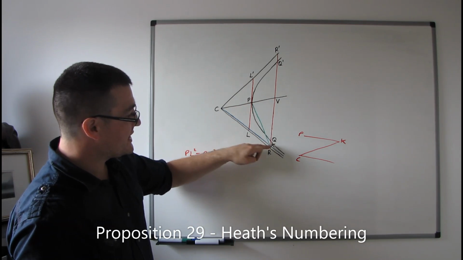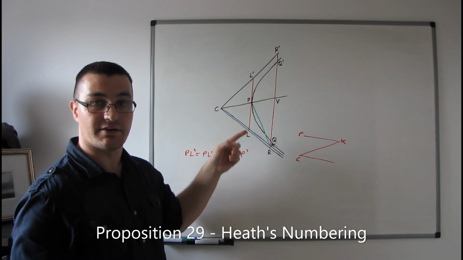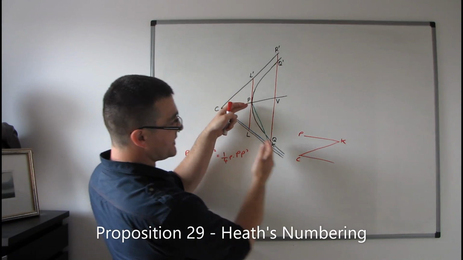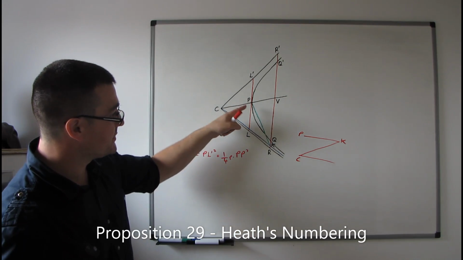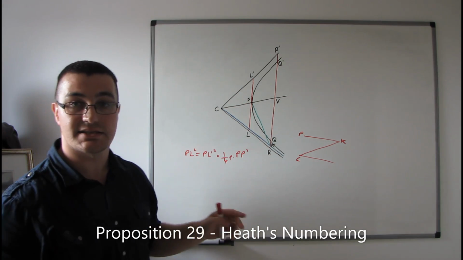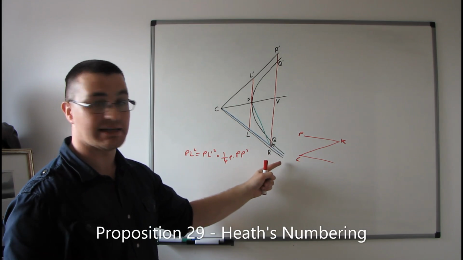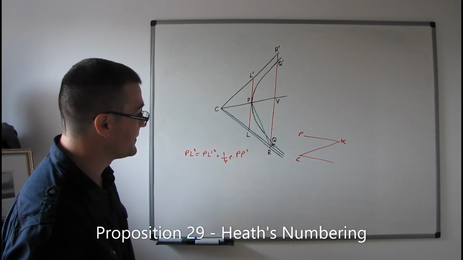So even though PK doesn't look parallel to CL in this particular diagram, it's supposed to be. This could be stretched out over a much greater distance. So for all intents and purposes, PK is, in this situation, parallel to this asymptote CL, even though it doesn't look like it from the diagram.